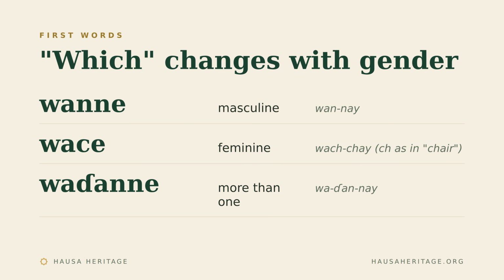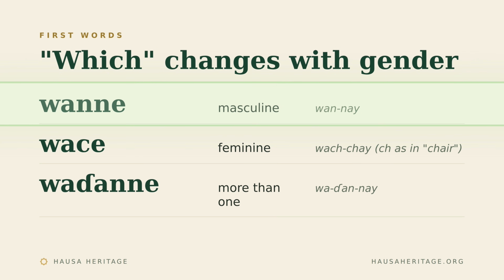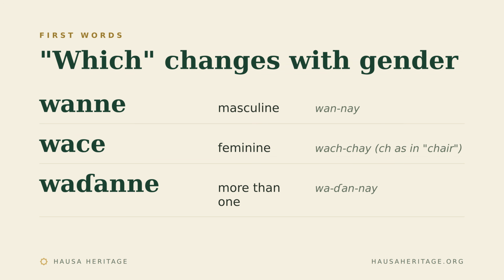Say it with me. Wane. Good. Next we have wace, which is which for a feminine word. Say it with me. Wace.